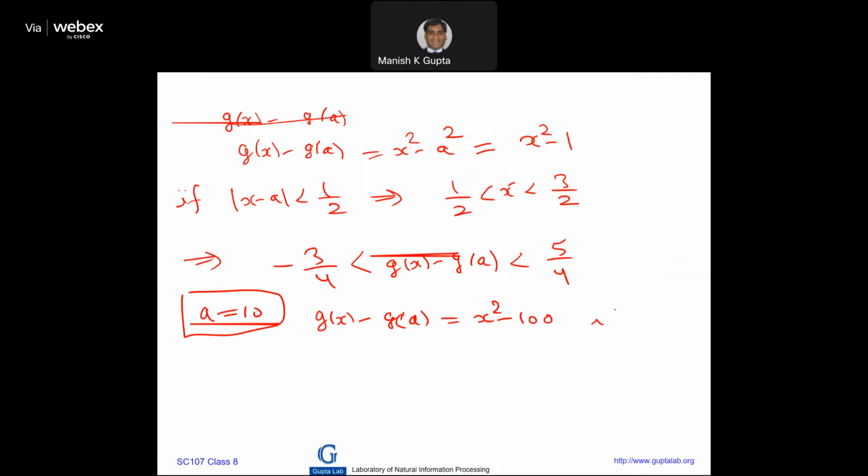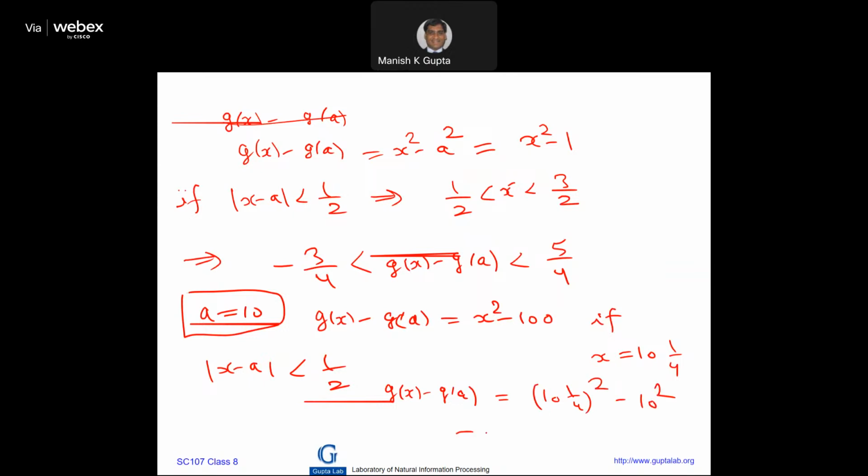If I take x to be 10 and 1 by 4, then mod of x minus a is less than half, but g of x minus g of a is equal to 10 and 1 by 4 whole square minus 10 square, which is 5 and 1 by 16, which is greater than 2. So essentially, g of x minus g of a is greater than 2. So that inequality is no longer valid.